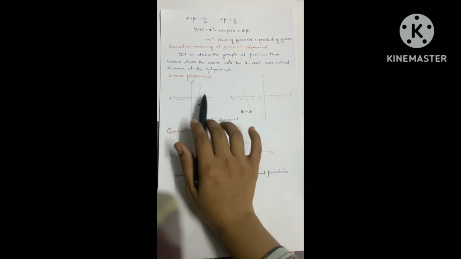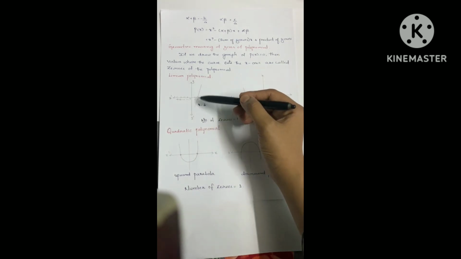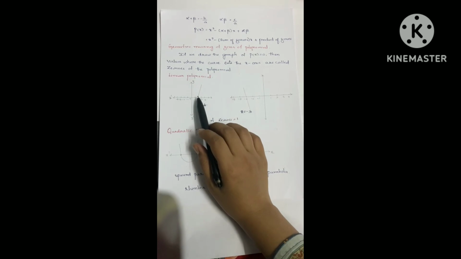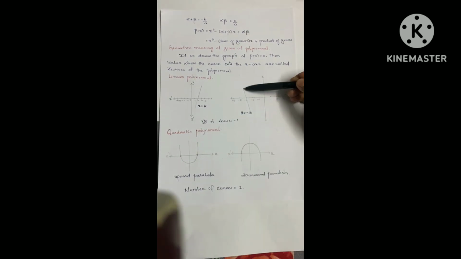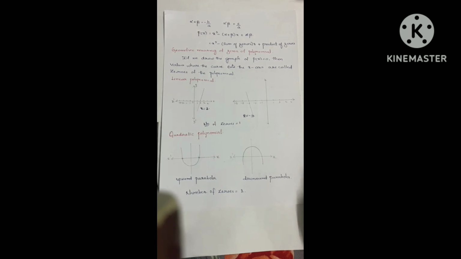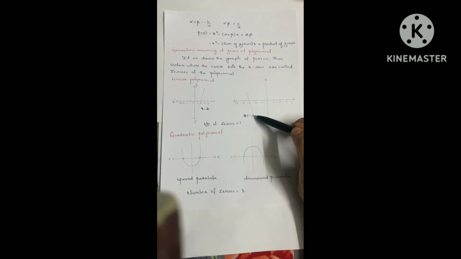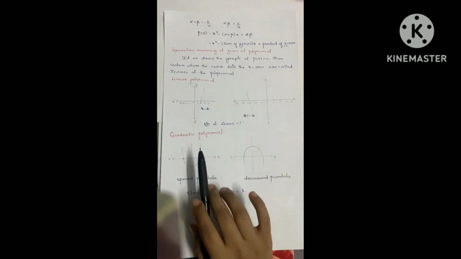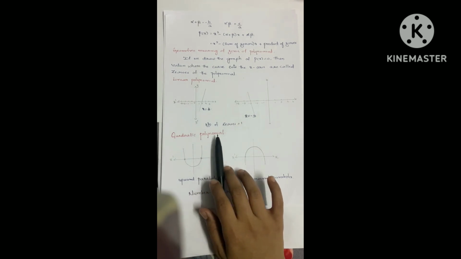So this is the x-axis and this is the y-axis. Here the line intersects at x is equal to 2 and it is cutting at 1 point. So here the number of zeros is 1. In this example, the line intersects the x-axis at x is equal to minus 3. Therefore the number of zeros is 1. Next is the quadratic polynomial.